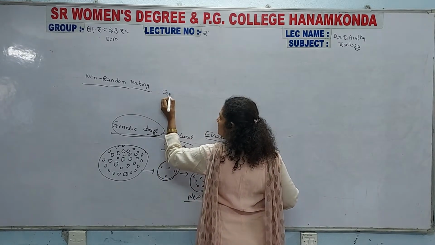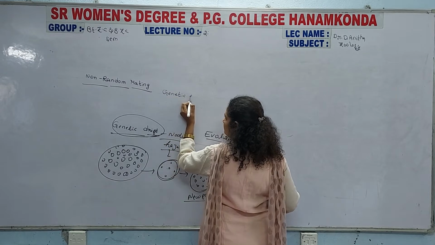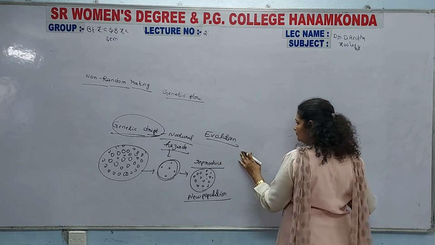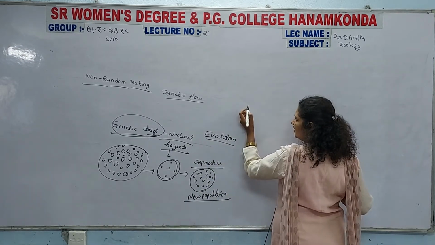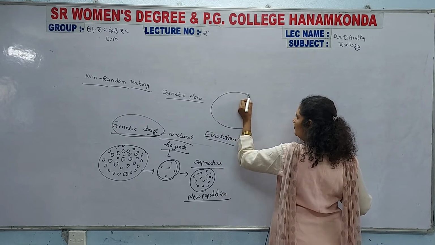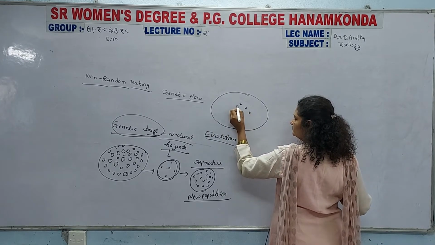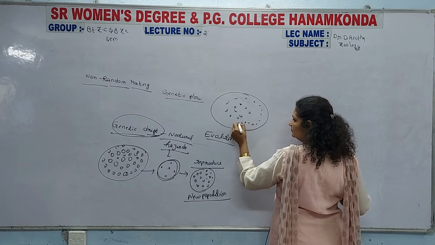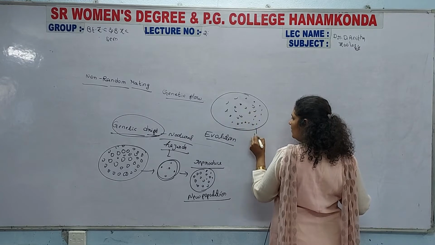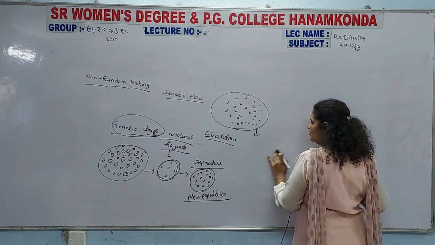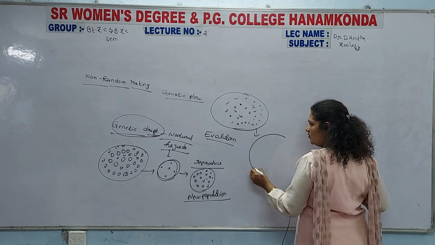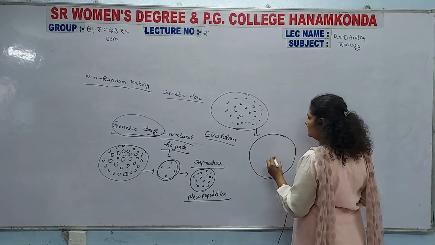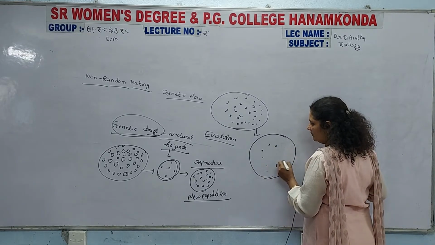Next, gene flow is also there. In gene flow, there is a group of population, and within the population some changes occur. More individuals suffer from diseases or other problems, and then the number of individuals in that group is decreased.